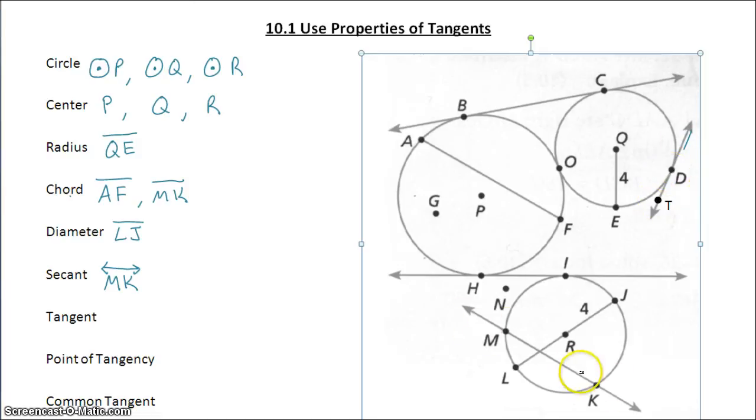Different than a secant, which touches at 2 points, DT only touches once. So a tangent line is going to be DT. The point of tangency is that 1 point of intersection between the circle and the line. In this case, it's going to be capital letter point D.